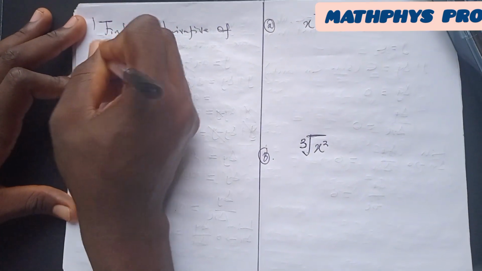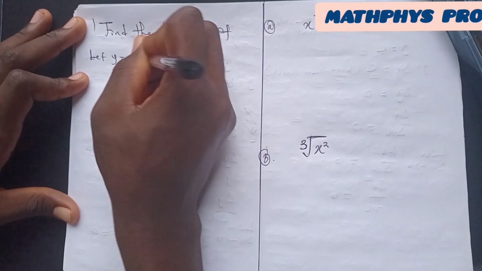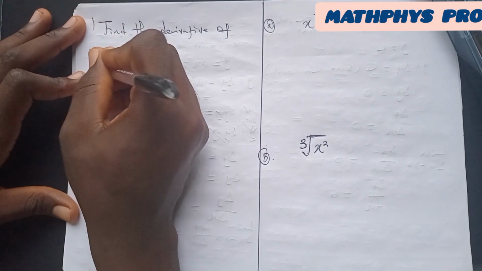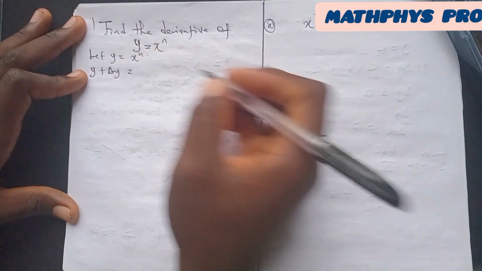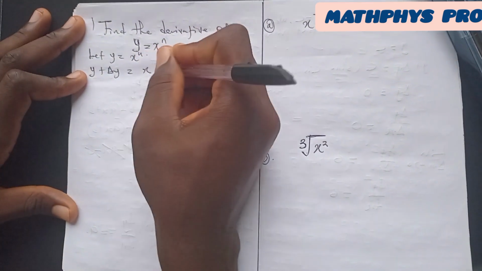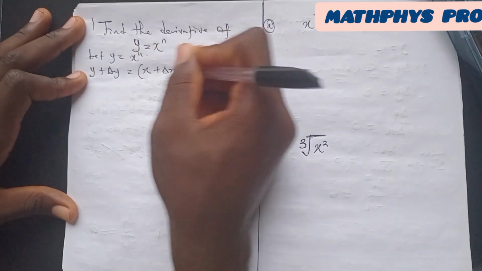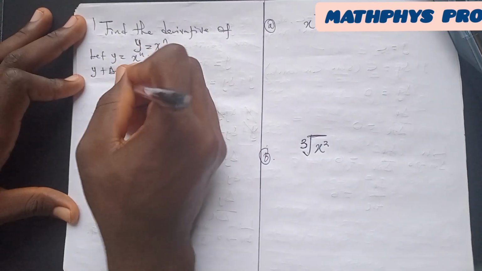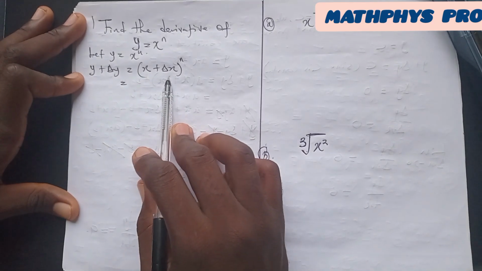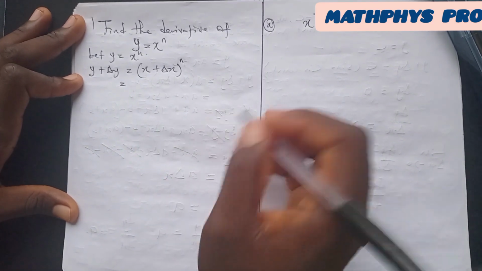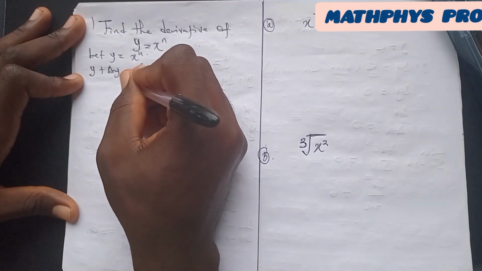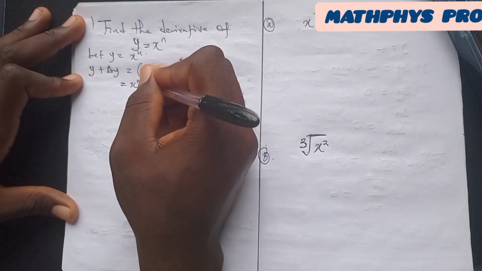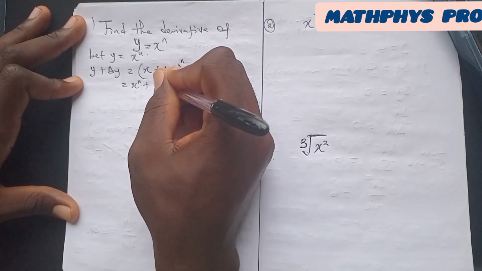So we say let y be equal to x raised to power n, and y plus change in y is equal to x plus change in x raised to power n.